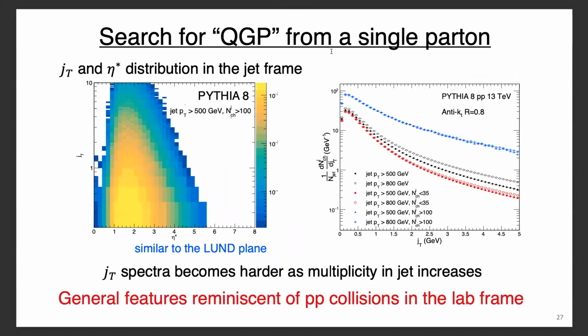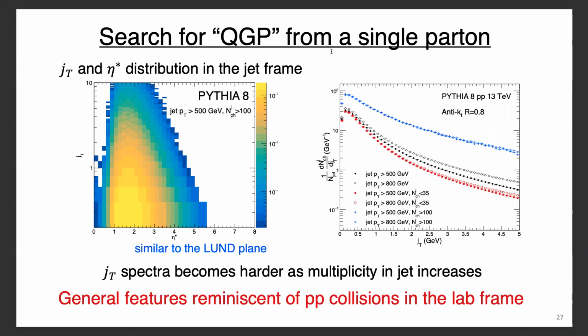This shows the kinematic distribution. This is the transverse momentum of the particle with respect to the jet axis. We call it JT, and it has this falling distribution for different energies and different multiplicities of jets. The high multiplicity jets tend to have a harder JT spectrum. This is the two-dimensional distribution for JT and this eta star, the rapidity in the new frame.